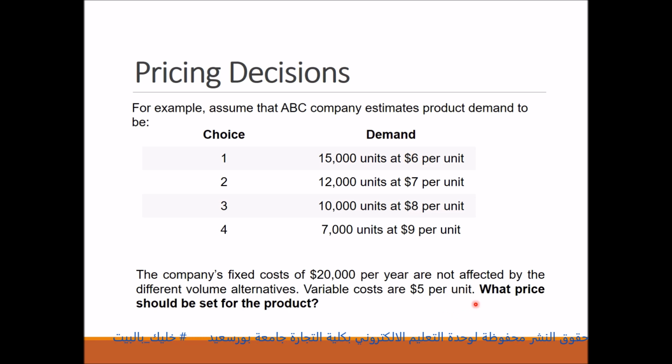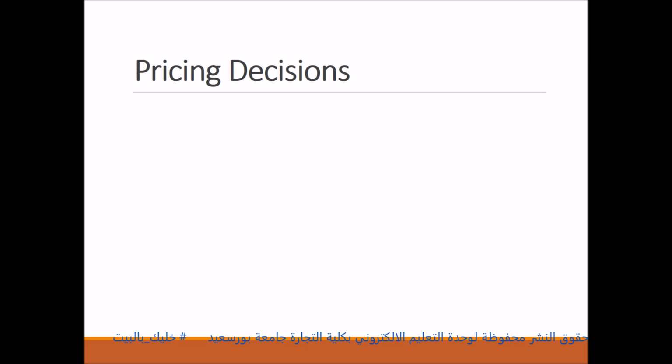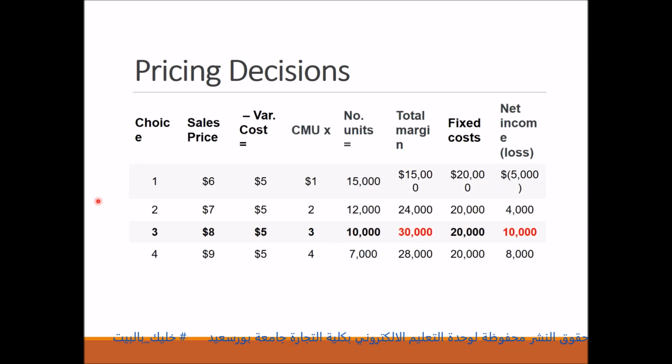The question that we need to answer is what price should be set for the product? $6, $7, $8, or $9? So selling price per unit and sales volume are the relevant amounts for pricing decisions.